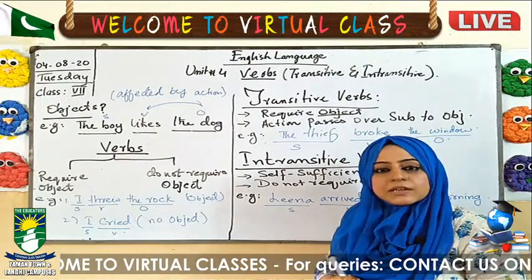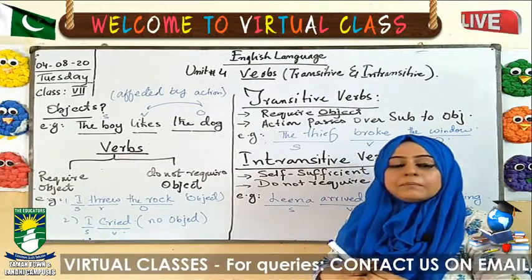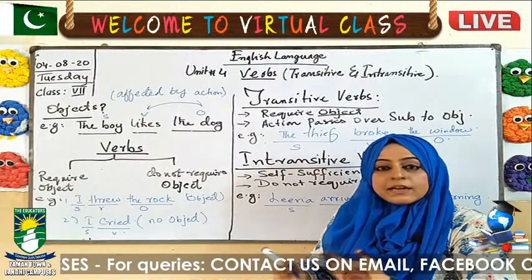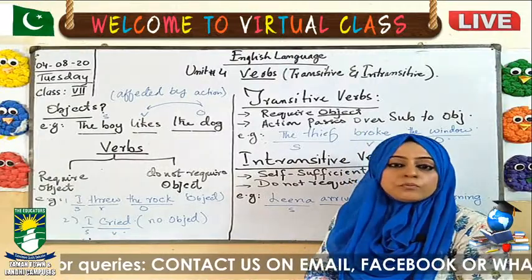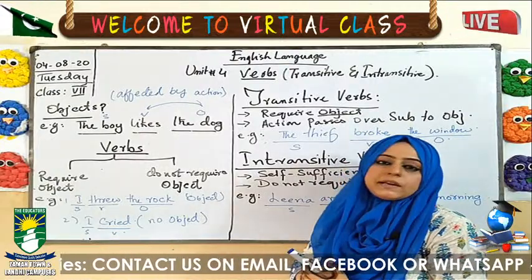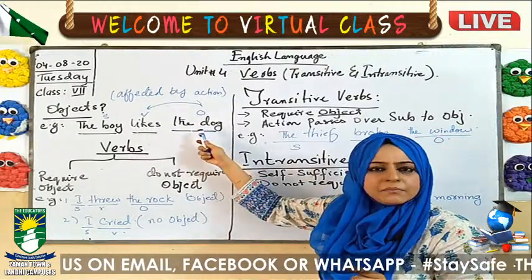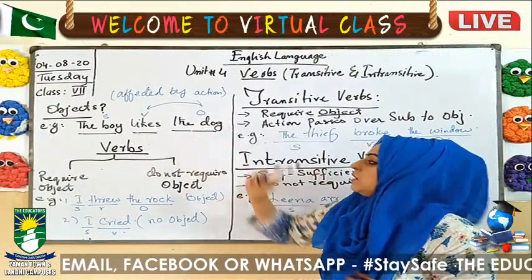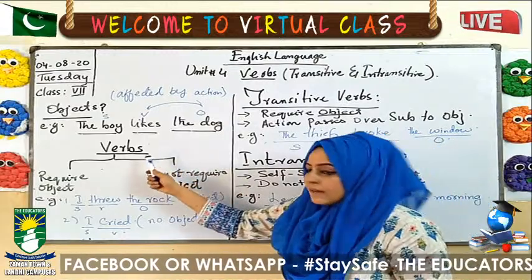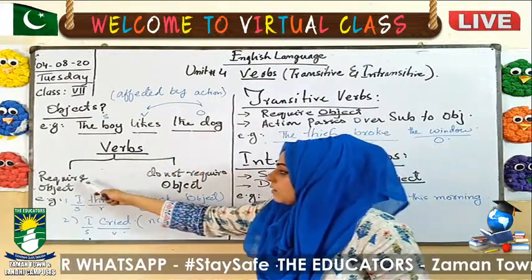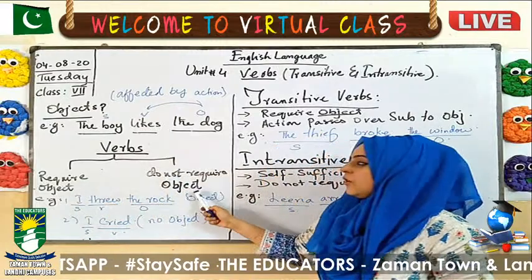Affected by the action, affected by the verb means which are carried by the verb. The action which is being done, it would be upon whom, means upon object. It would be the object, the last part, any name it can be. Okay. Now come up to our next thing, that verbs I have drawn here as two columns like require object and do not require object.